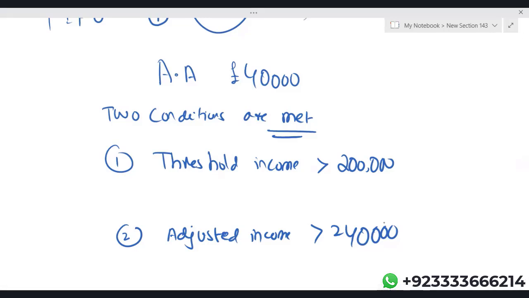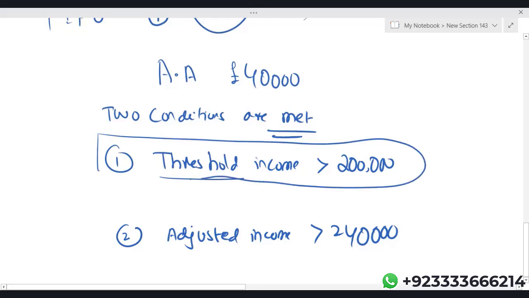Now, please listen to me carefully. The format of the threshold income is simply your ANI, your adjusted net income. But in taxation, the threshold income rule is not examinable. There are two conditions. If both of them are met, your annual allowance 40,000 limit will be reduced.